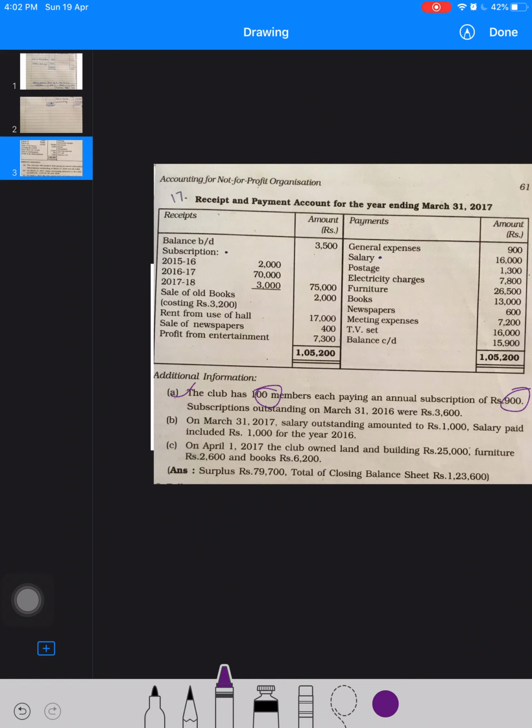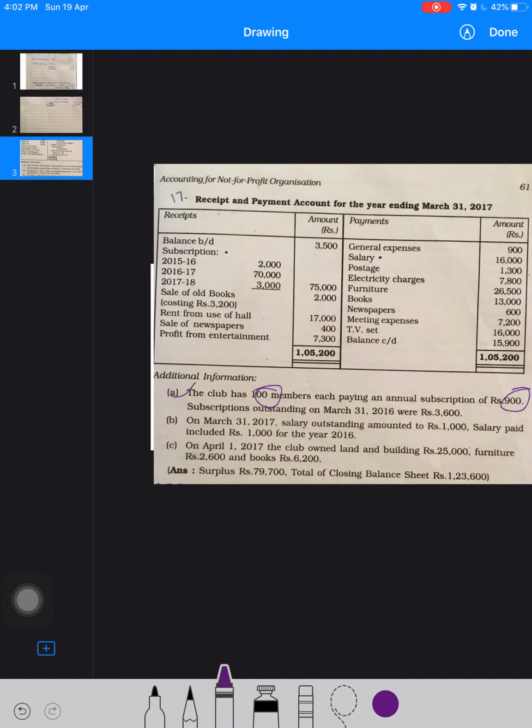So this is our current period 2016-17, and in income and expenditure account we always write the actual subscription amount irrespective of whether you have received or not received. So here the club has to receive 90,000.